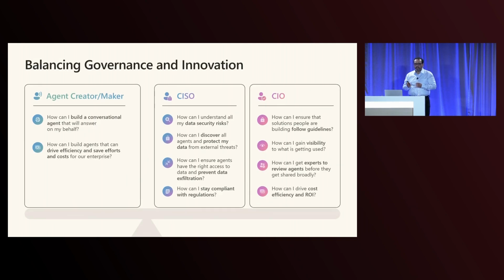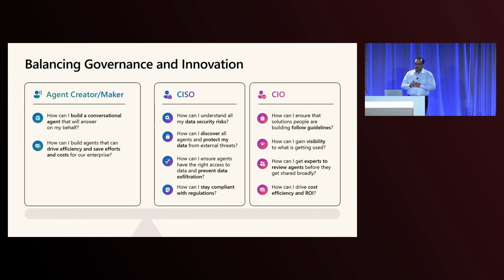So let's look at different aspects here. From the Chief Information Security Officer's side, they are looking at how they can avoid data leaks, how they can make sure the data is secure and compliant with regulatory requirements.